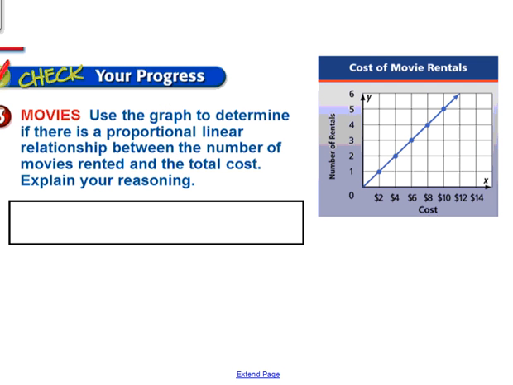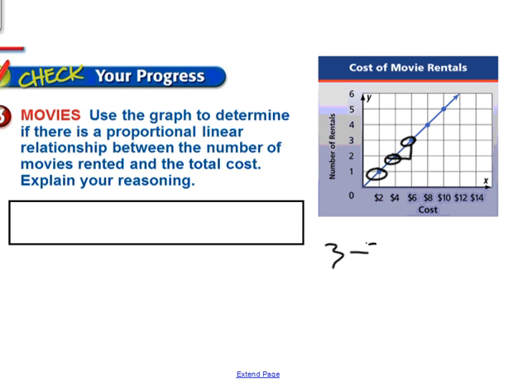Use the graph to determine if there is a proportional linear relationship between the number of movies rented and the total cost. Explain your reasoning. If I rent one movie, it costs $2. If I rent 2 movies, it costs $4. If I rent 3 movies, it costs $6. So I'm going to do the rate of change between those.